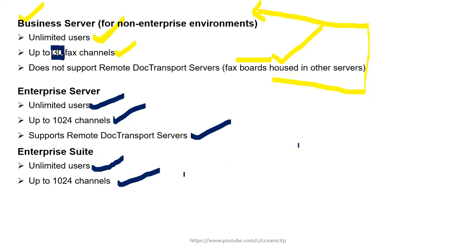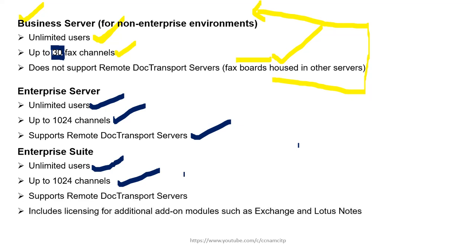Apart from this, there is something more, that is it supports remote dock transport servers. Similar to enterprise server, it also includes licensing for additional add-on modules such as Exchange and Lotus Notes. So if you go for this enterprise suite, you will have more features, more facilities and more services.